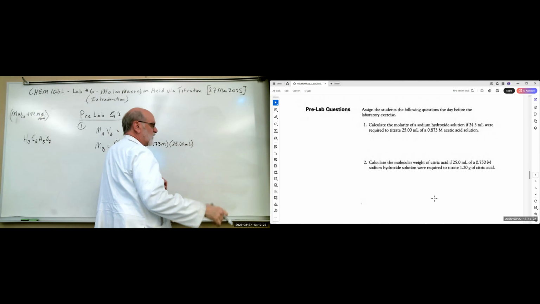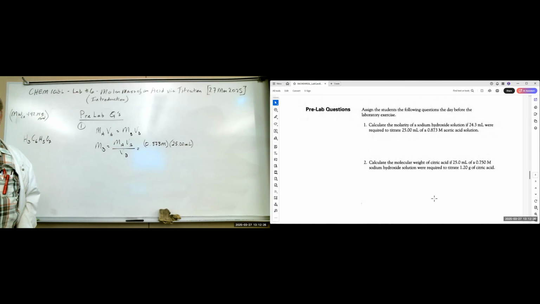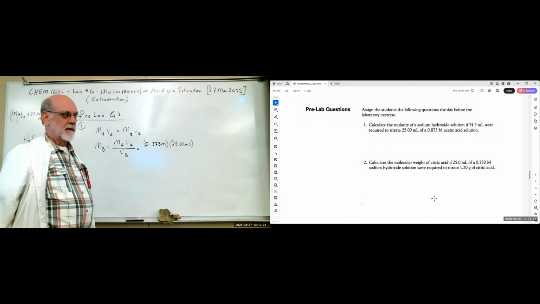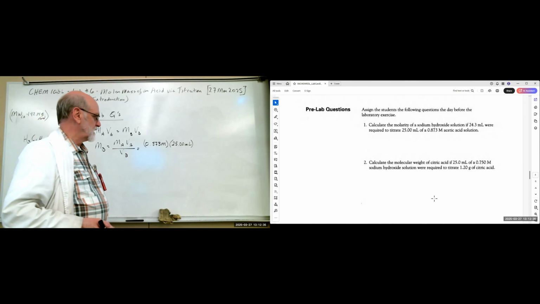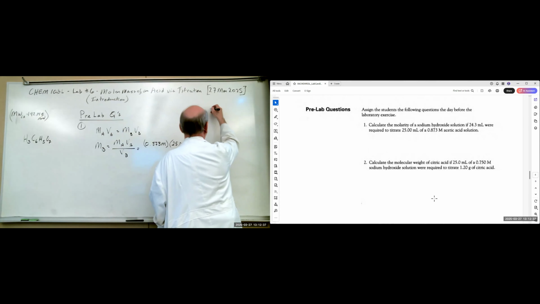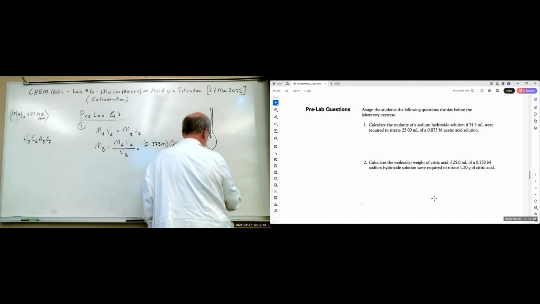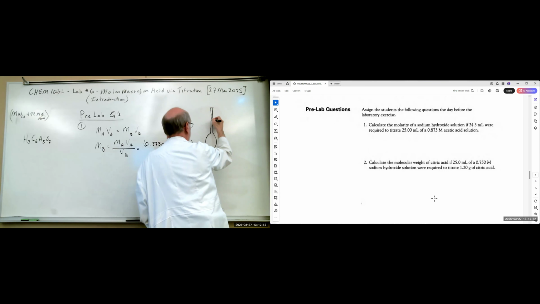And by the way, how are we going to do that? We can't use a graduated cylinder. They're not accurate enough, they're plus or minus 5%. That's a mess. We use a volumetric pipette. It's a device that has a long stem here, and then a bulb in the middle, and then a long stem here with a narrow tip on the end, and it has a mark up here.